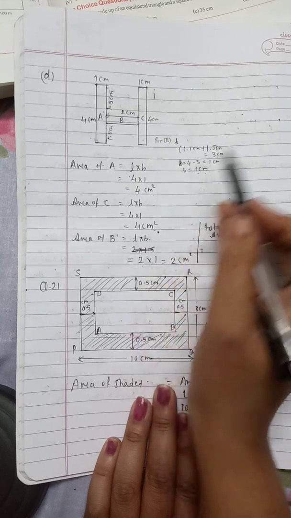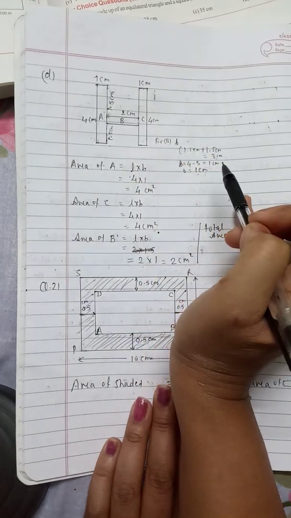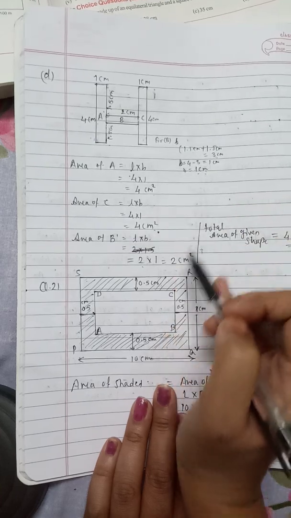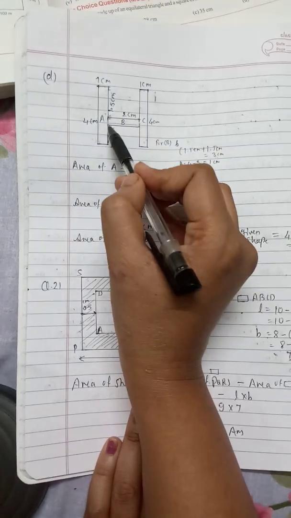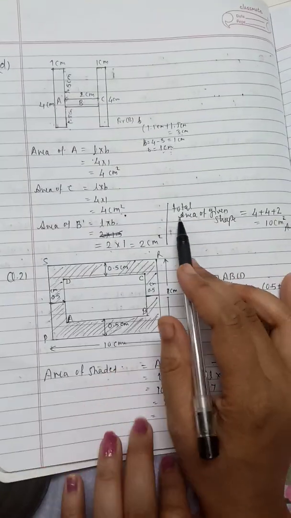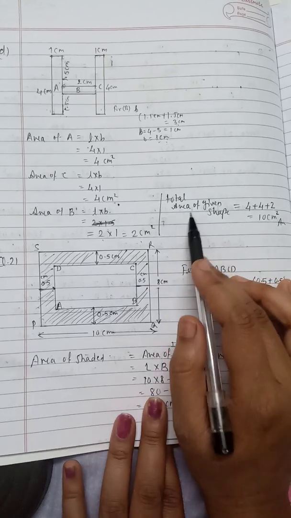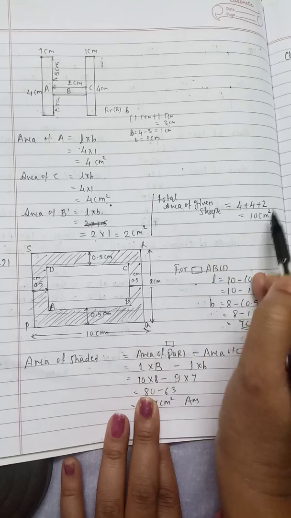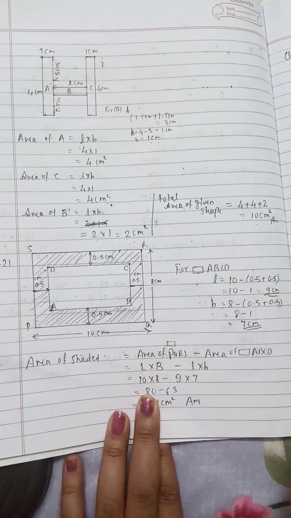Length is 2 and breadth is 1. Okay, clear? So 2 ones are 2 centimeter square. When you will find total area of given shape, so 4 plus 4 plus 2 ones are 2. When you will add, you'll get 10 centimeter square.